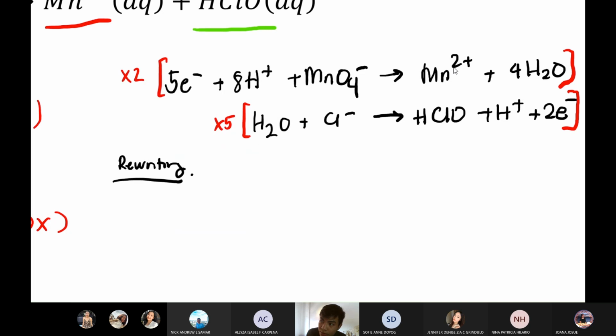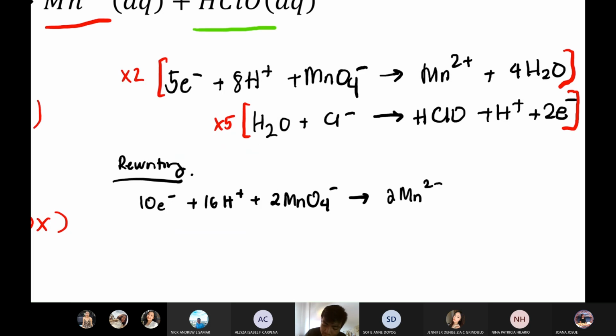So, times 2 na natin to. So, you will get 10 electrons. 8 times 2 is 16 H plus. 1 times 2 is 2 permanganate ion. 1 times 2 is 2 Mn2 plus. 4 times 2 is 8 H2O.